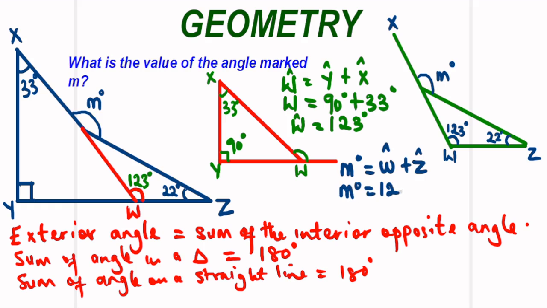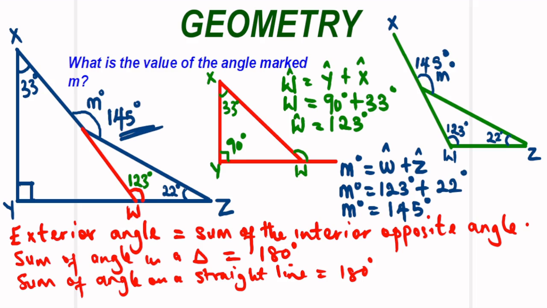We have 123 degrees, plus for Z we have 22 degrees. When I add this together, I'm going to get 145 degrees. So angle M is equal to 145 degrees. Now we'll put it back on the original shape, 145 degrees.